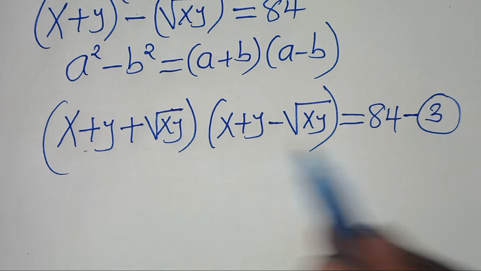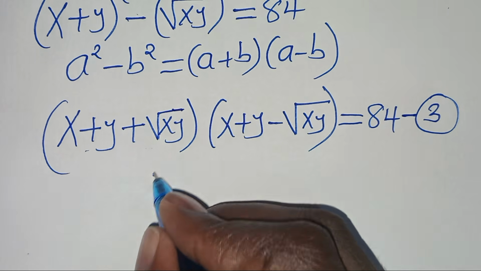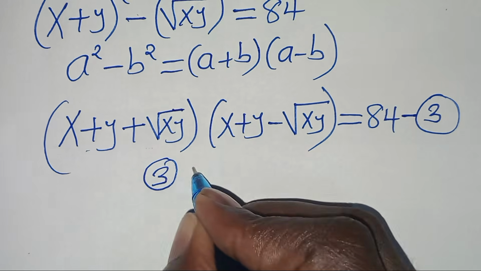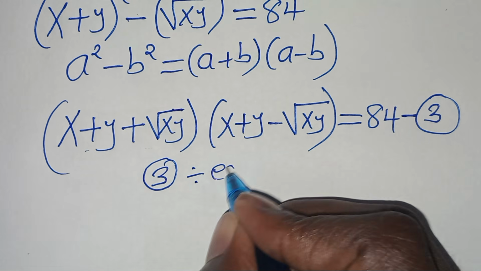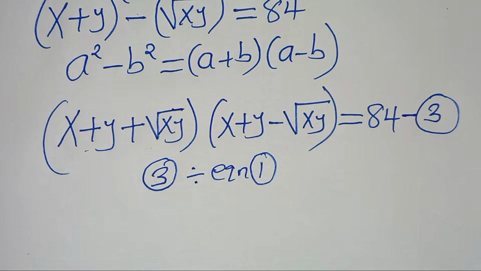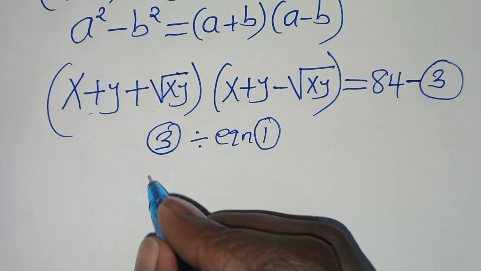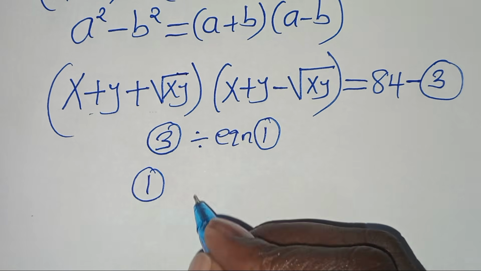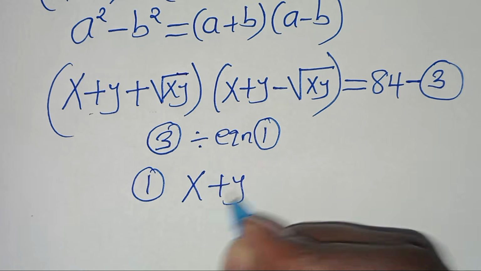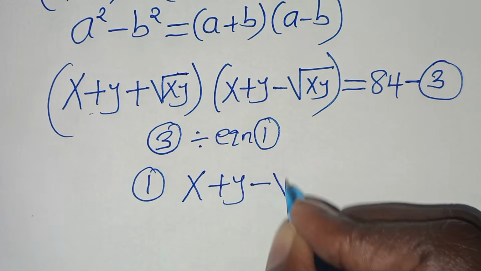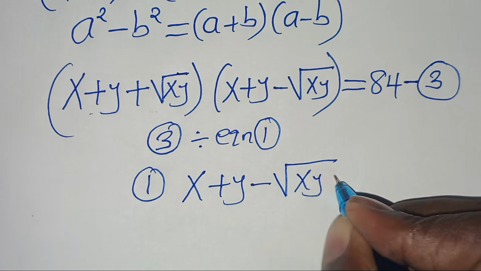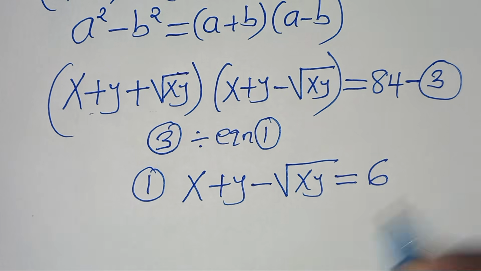The next step from here, let's divide equation 3 by equation 1. So we have that equation 1 is x plus y minus the square root of xy. This is equal to 6.